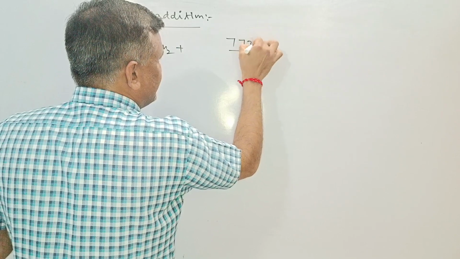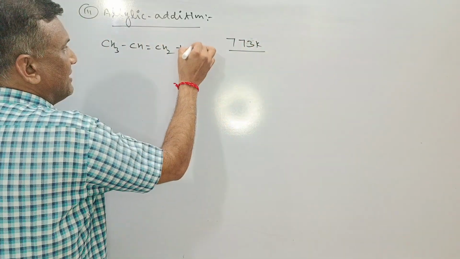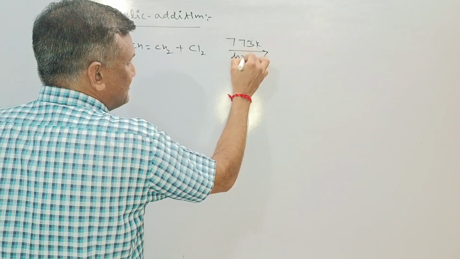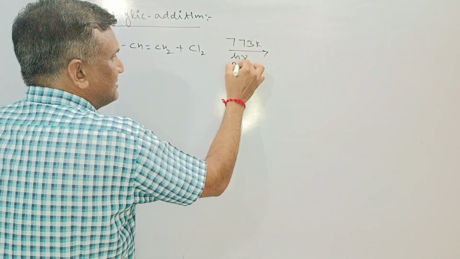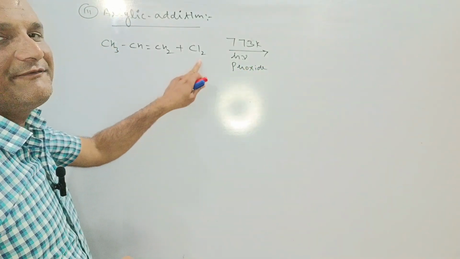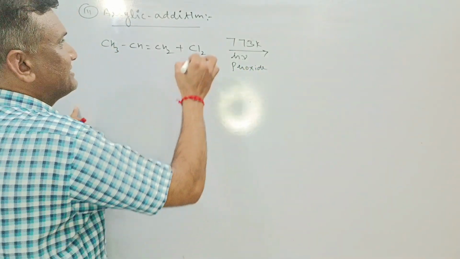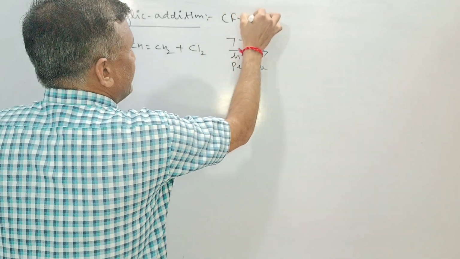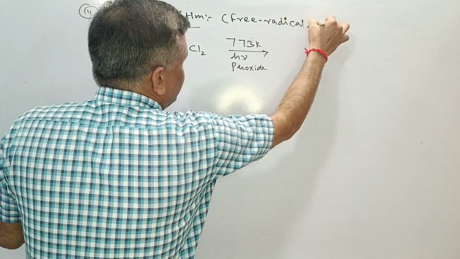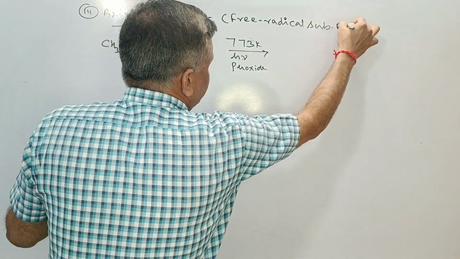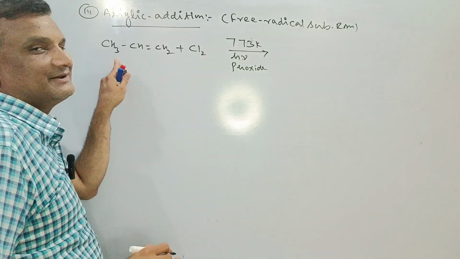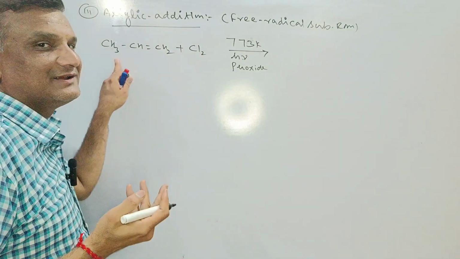773 exactly is the Kelvin temperature. Then on addition of chlorine in the presence of light or peroxide, there will again be formation of free radicals, meaning the reaction proceeds by free radical substitution. It will attack the CH3 because the temperature is not sufficient for addition.